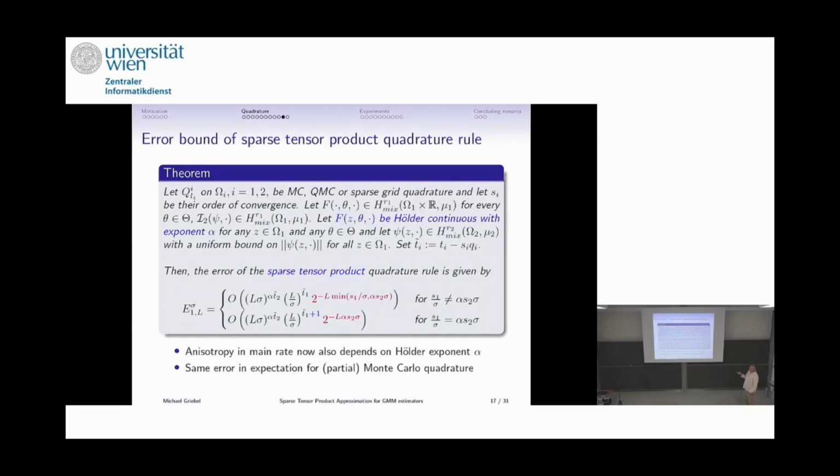If they are the same, if everything is perfectly balanced, we pay a little bit in the logarithm. But this is it. So we gain huge in the cost. Recall, this went from 2 to 1, but we pay only tinily here in the error. And this is the advantage of sparse grids, or in our case of sparse tensor product construction, provided that the regularities and the exactness degrees of the quadratures are present.